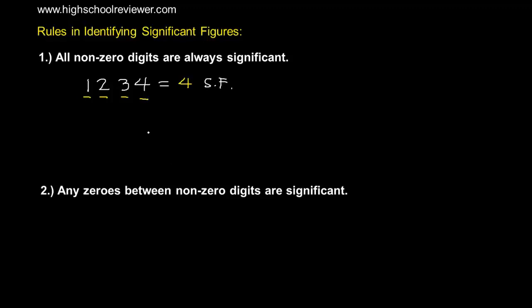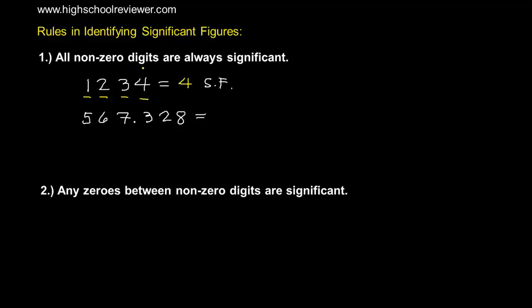Let's have another example. We have 5, 6, 7.328. Let us count how many significant figures are there on this example. Now, even though we have here a decimal point, let us always base on our first rule.